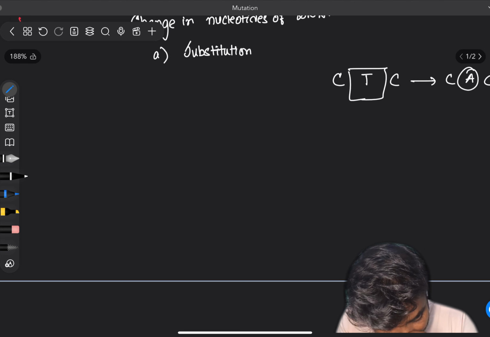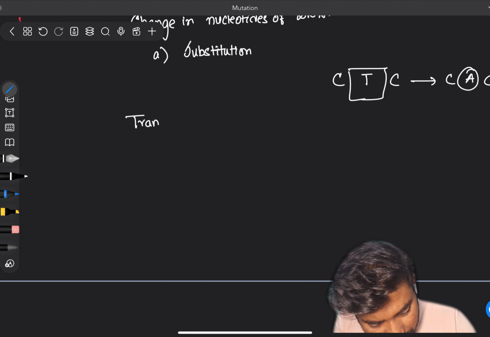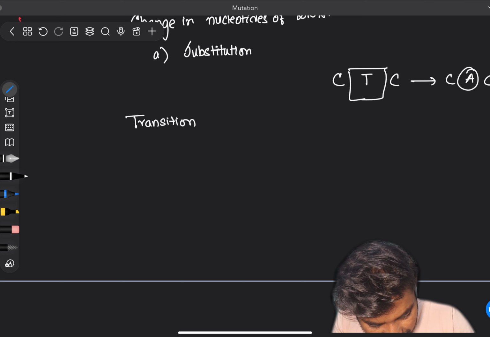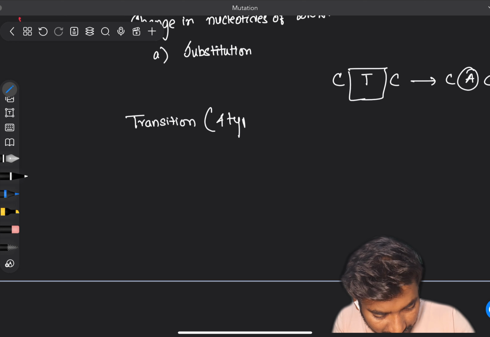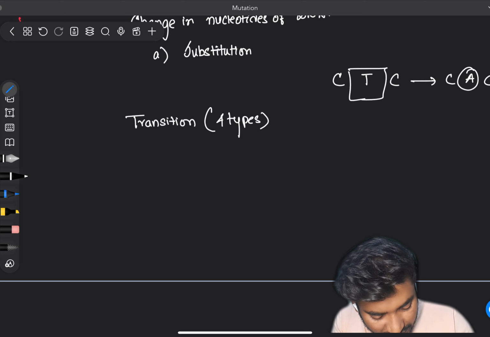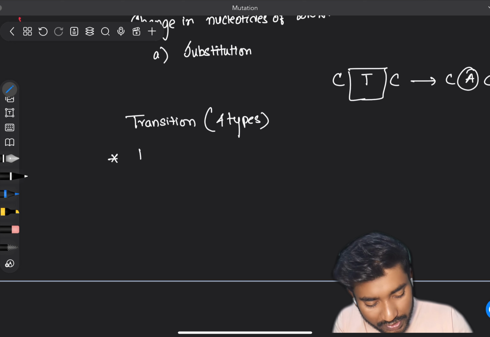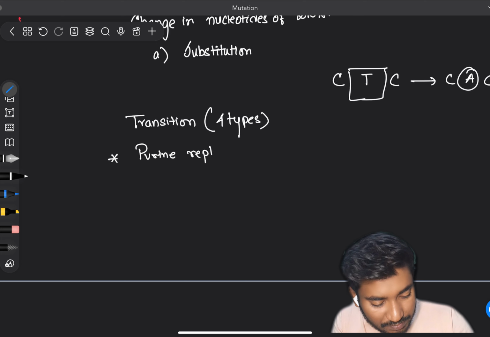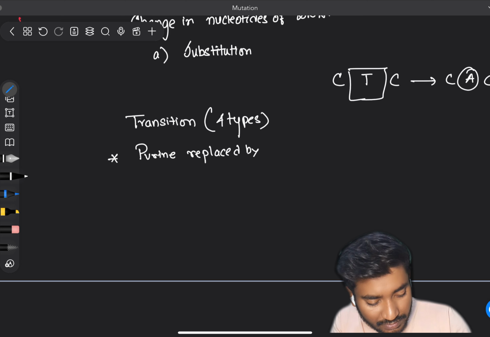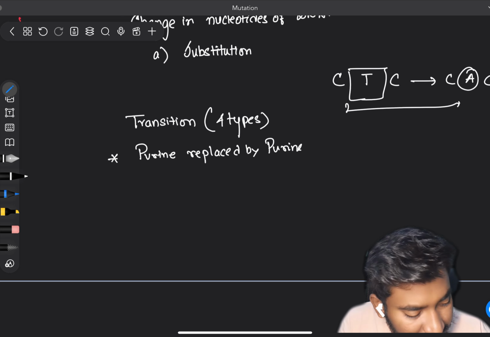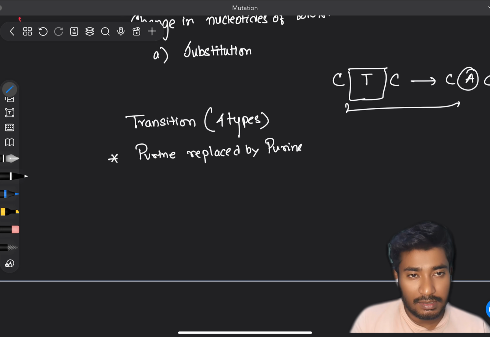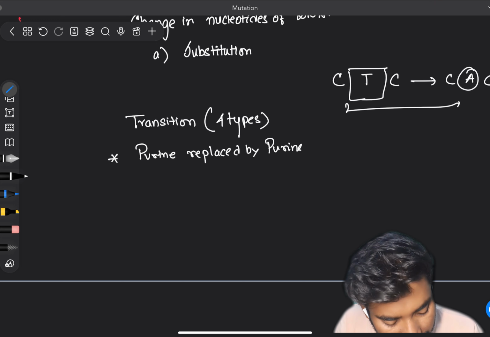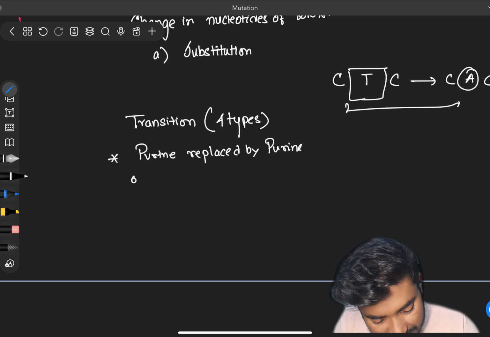Now, transitions are of 4 types. Purine to purine transition: a purine base is replaced by a purine.